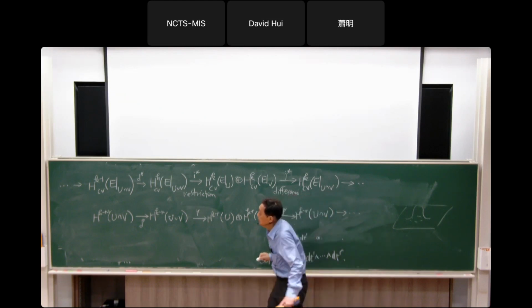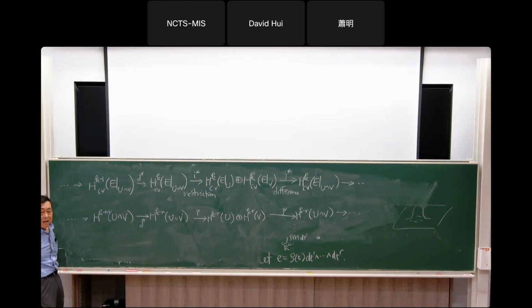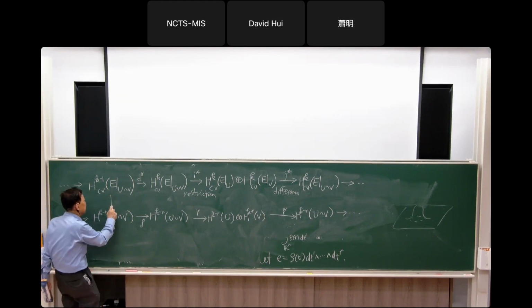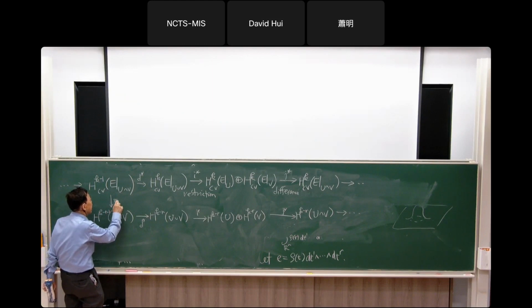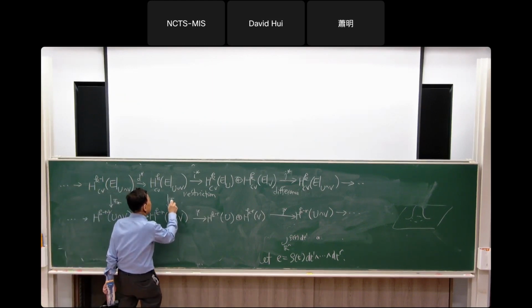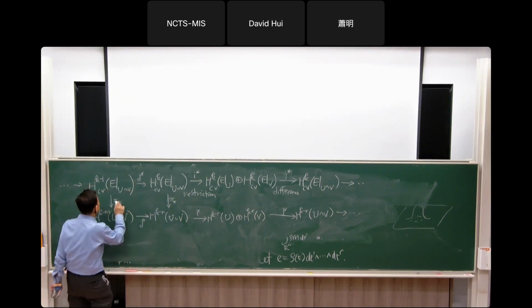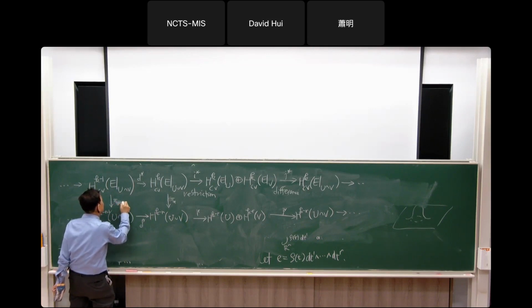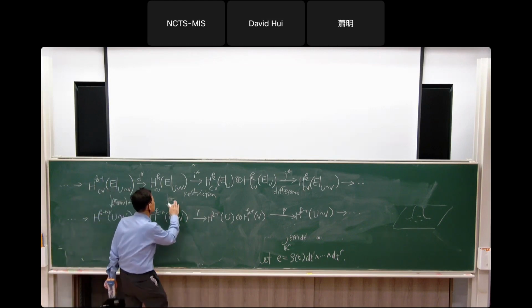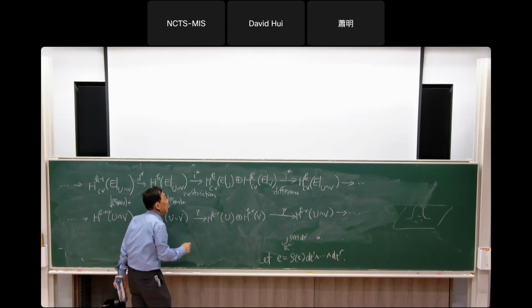Okay, so we have these two Mayer-Vietoris sequences, and then integration along the fiber goes from the top sequence to the bottom sequence. So this is integration along the fiber over the intersection. This is integration along the fiber over the union.